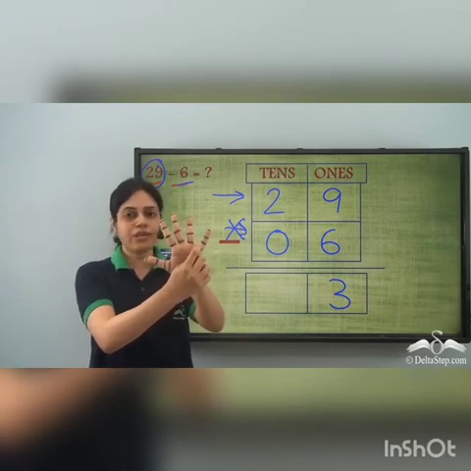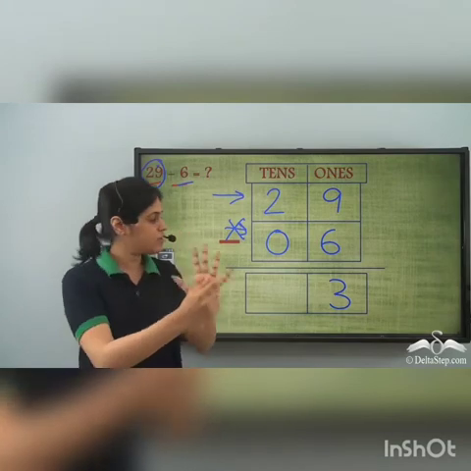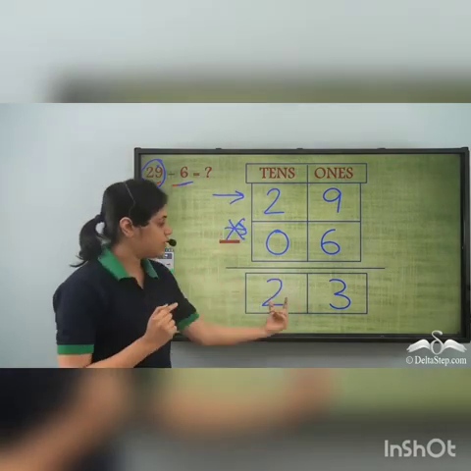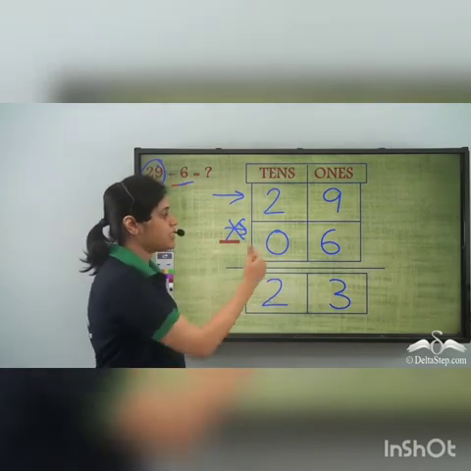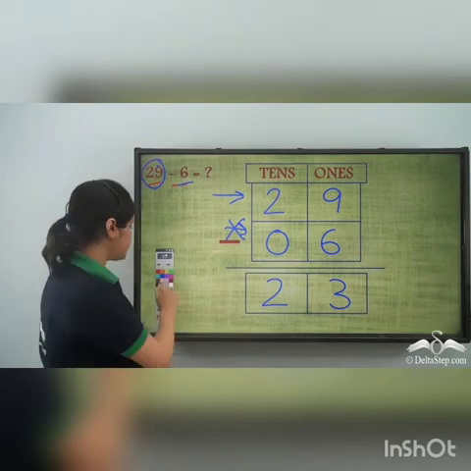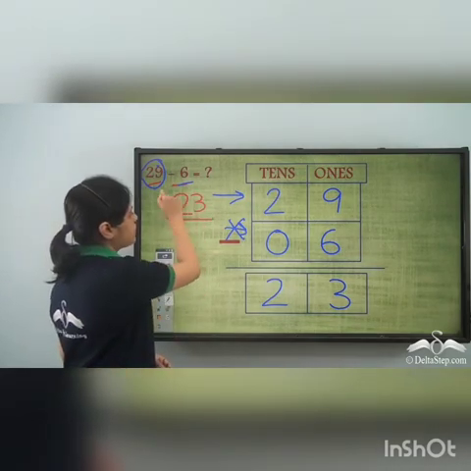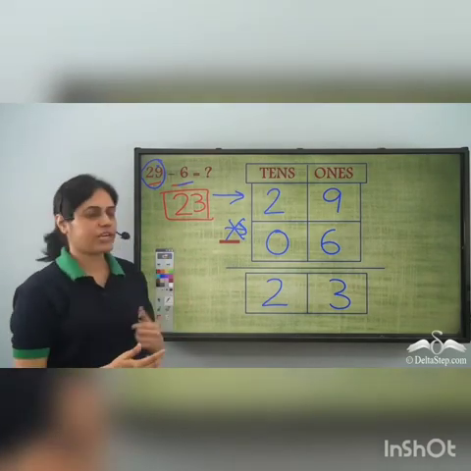And these are how many finger marks? 1, 2. Just 2 finger marks. So the answer to this place is 2. And 29 minus 6 gives me 23. This is the difference of this subtraction.